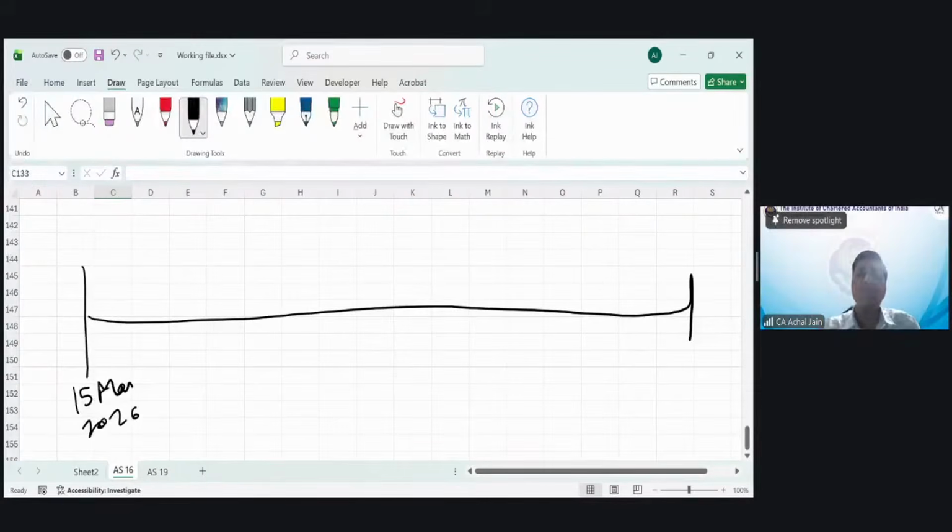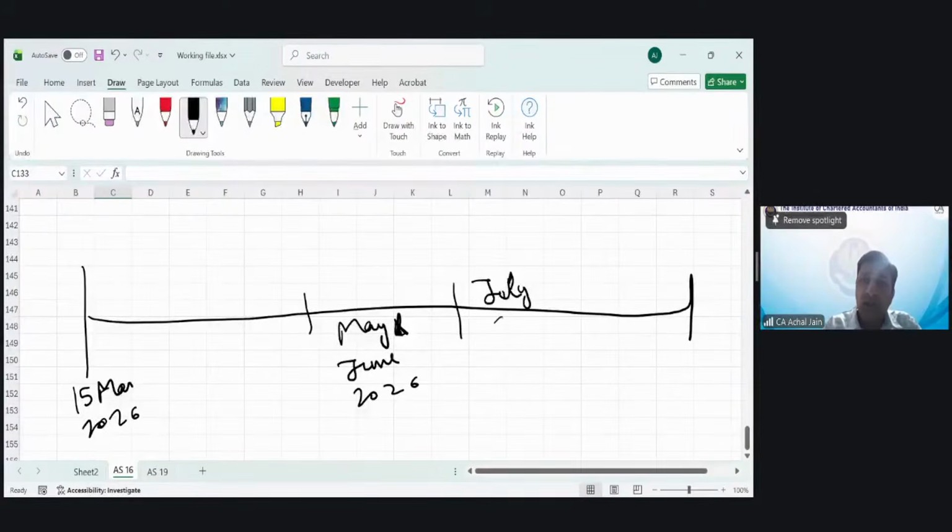Let's suppose for the month of May and June 2026, there is some abnormality due to which there's a suspension of active development, right? Of course, this will come to an end at some point of time. Abnormality will not remain permanently, isn't it? Now, let's suppose July onwards, you believe it has become normal. So someday, sometime abnormality will go away.